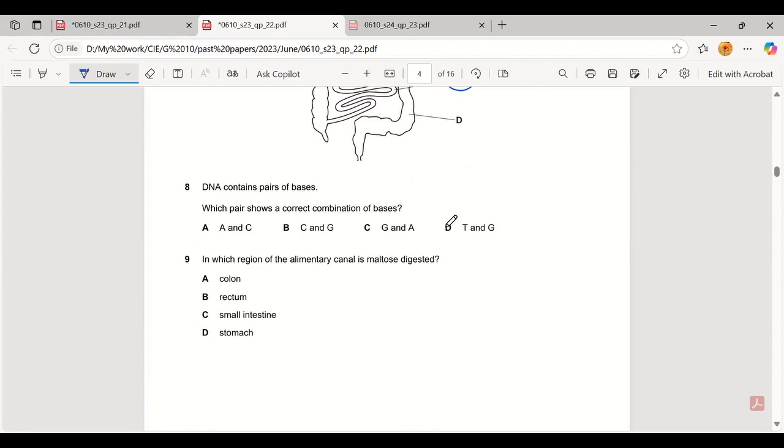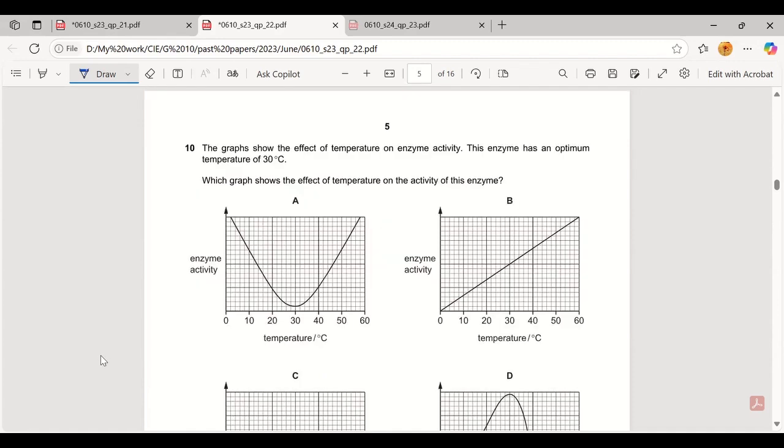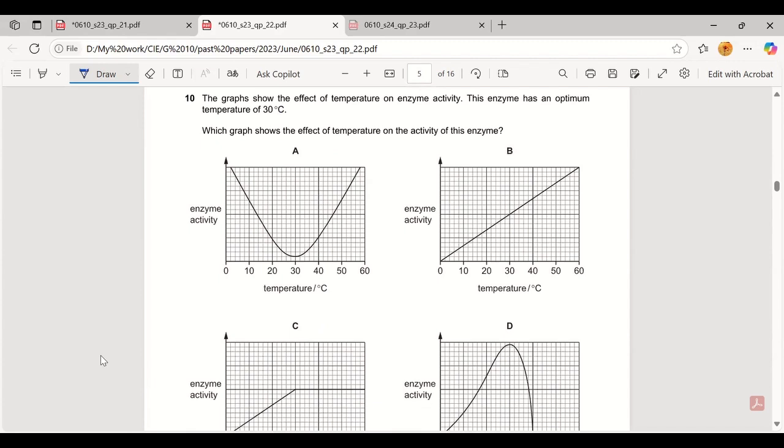B. Yes. In which region of the alimentary canal is maltose digested? عنود? Digested. Small intestine. Yes. The graph shows the effect of temperature on enzyme activity. This enzyme has an optimum temperature at 30 degrees Celsius.